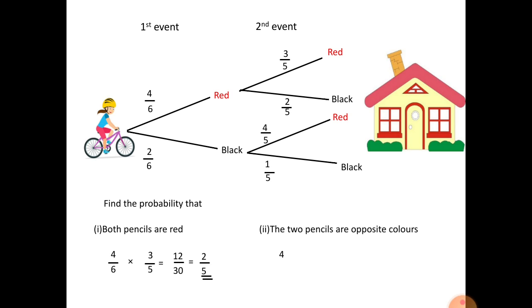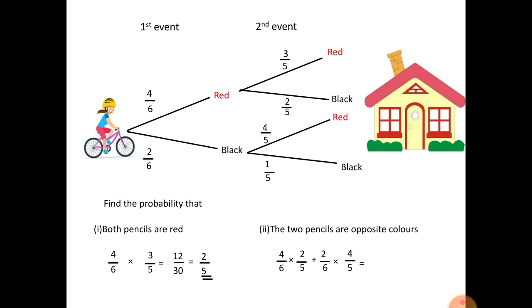That is 4/6 times 2/5. And there is another road, that is black and red. So you have to add the value 2/6 times 4/5.